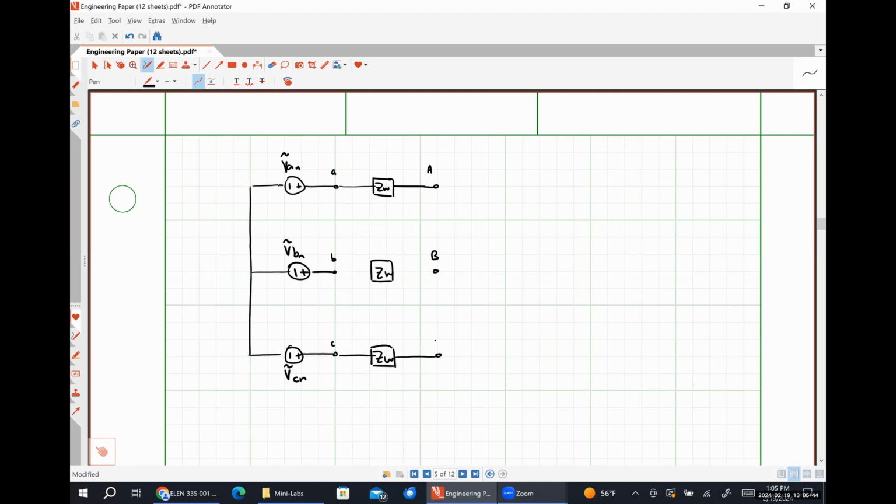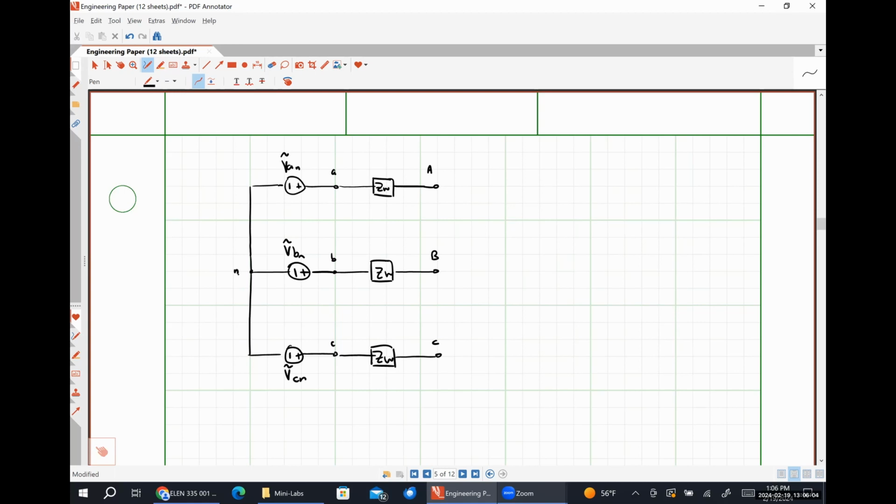And on my load side, I'm going to have something real gross. I'm going to connect a delta connected impedance in parallel with a Y connected impedance.